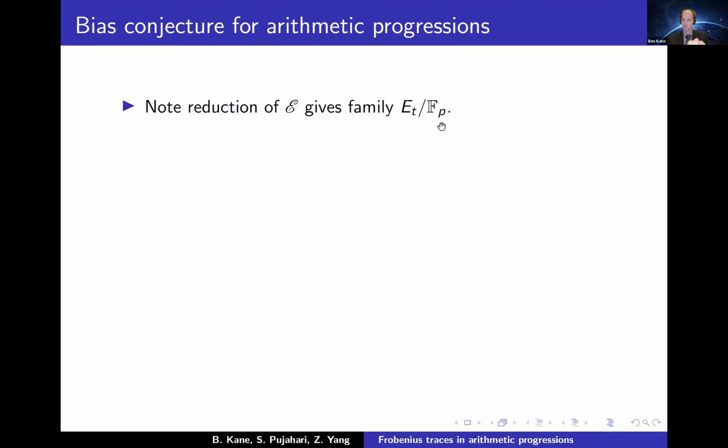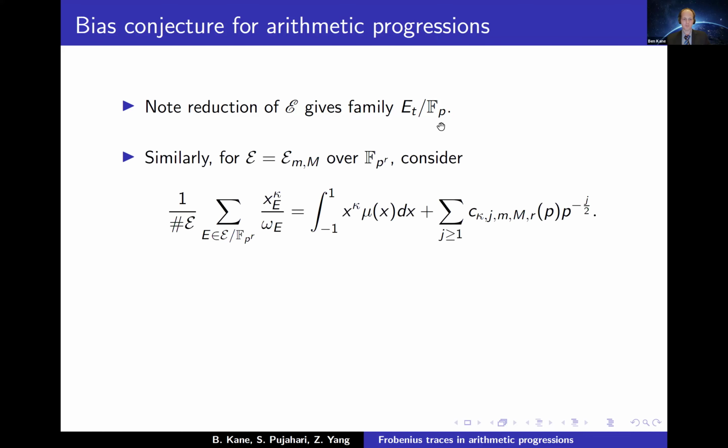They're picking a parameter, and they're changing the elliptic curve based on that parameter. So they plug in every value of t modulo p, and for each one of them, they get an elliptic curve. And then what they're asking is, as I vary over this finite field, what is the value of these things of absolute value 1? So I'm going to do the same thing with our construction. I'm going to look at cases where we look at the elliptic curves in an arithmetic progression.